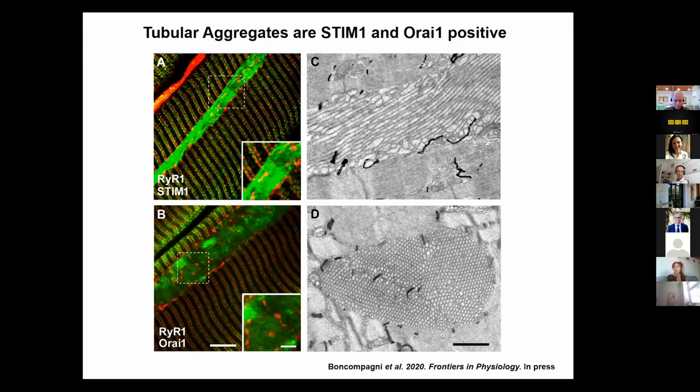However, we know from literature, and as you can appreciate in these two electron micrographs, here an aggregate cut longitudinally, here transversally, that the transverse tubules stained with ferrocyanide in dark are mostly confined at the edges of the aggregates and very rare inside, and sometimes you have small pieces like here.